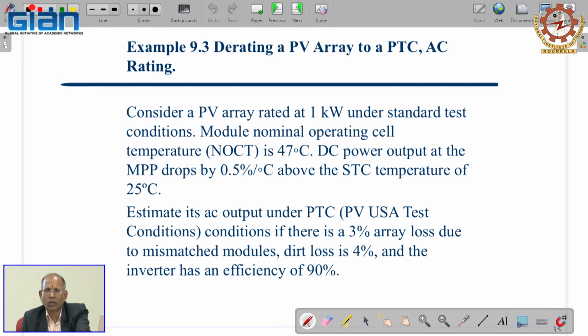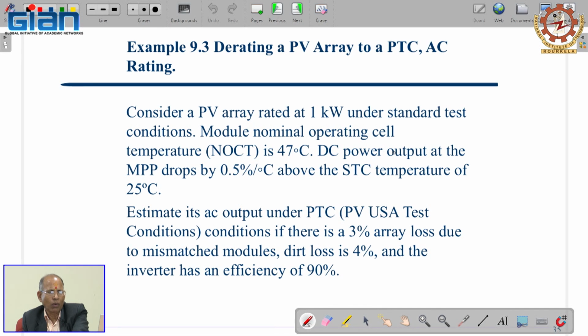So here you can see that if we consider a 1 kilowatt PV system under standard test condition, module, we talked about the term NOCT. What does this NOCT stand for? Nominal operating cell temperature. NOCT stands for nominal operating cell temperature. So this is considered as 47 degrees centigrade.